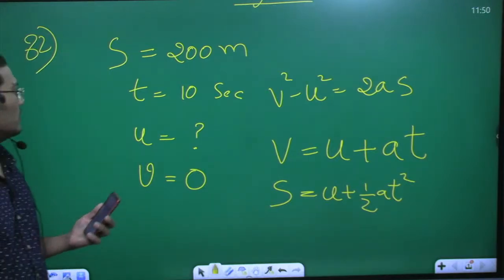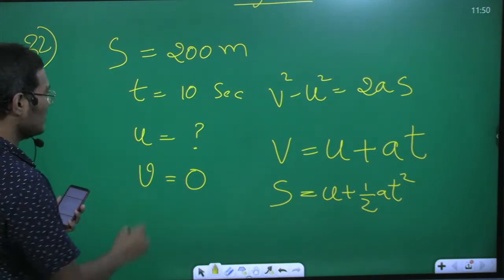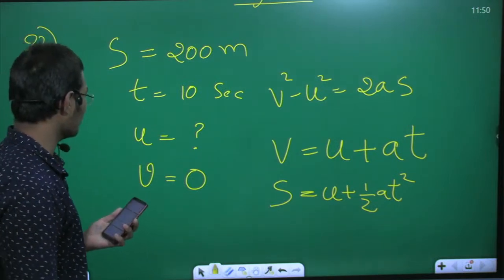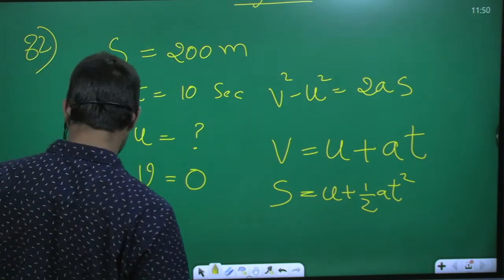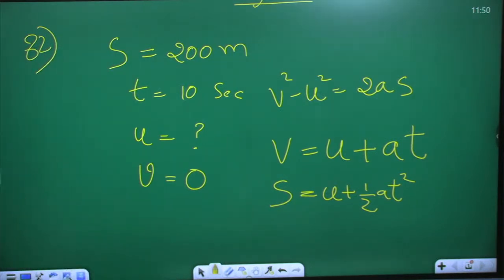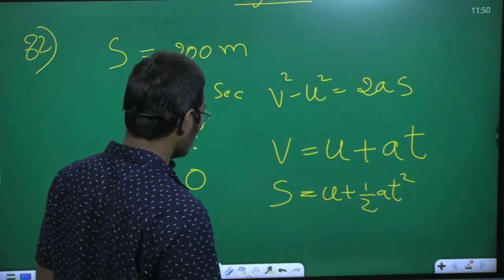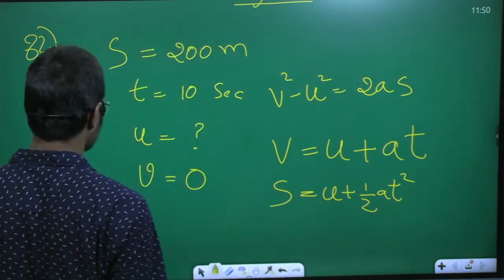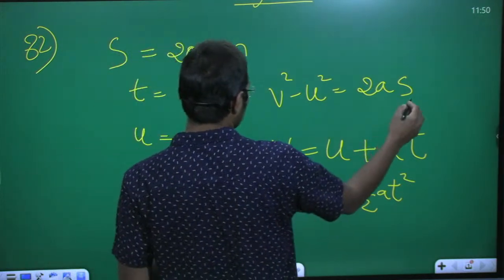Which of them can be used so that we can find the initial velocity using the other variables? So we are supposed to use these three equations and find the final answer. So what all can be used? From first let us try to use this equation, okay?